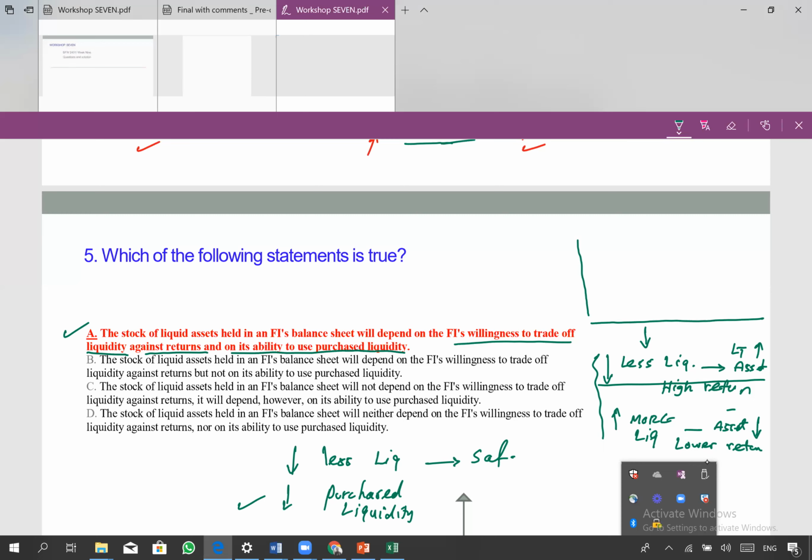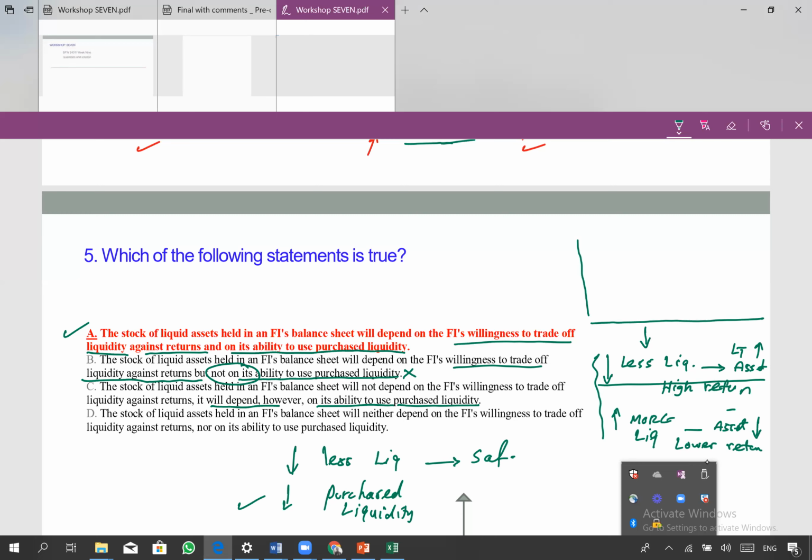The other statements are okay. Depends on the financial willingness to trade, until here is okay, but not its ability to use purchased liquidity. This is the problem. The third one, the stock of liquidity assets held in the financial institution, still the same statement. It will depend, however, on its ability to use purchased liquidity, is to trade off liquidity against returns.